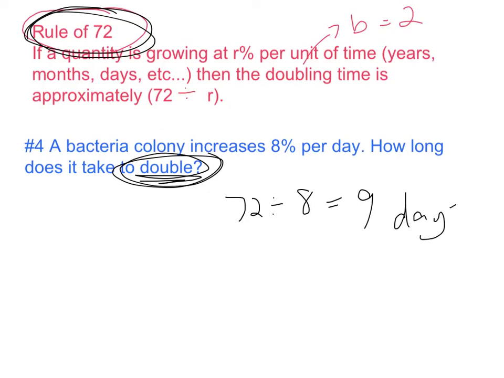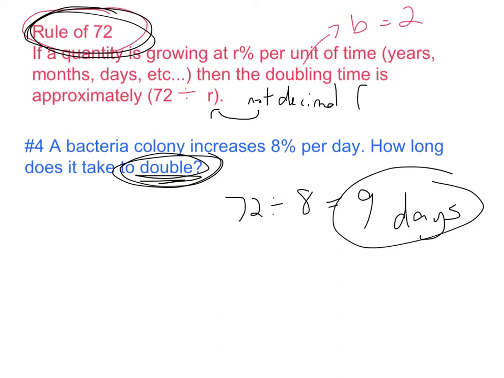About 9 days, give or take. It's going to be pretty close. Now note here, R is not allowed to be in decimal form. So if R is given to you in decimal form, then you got to switch it to percent form.